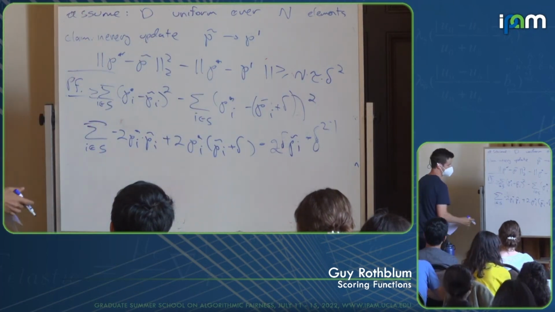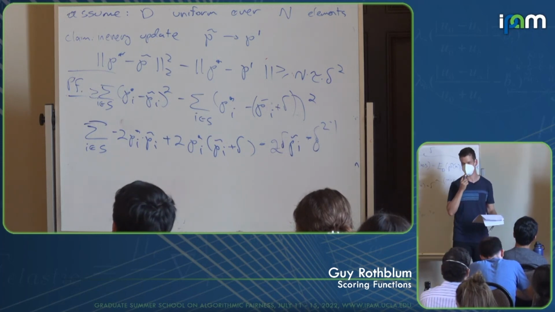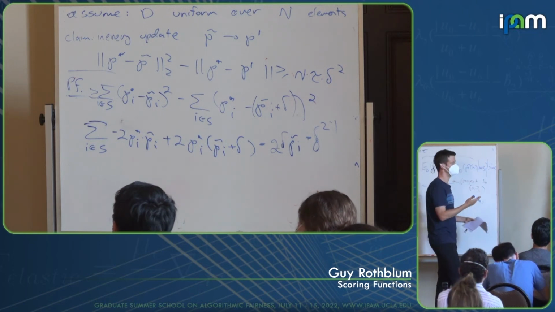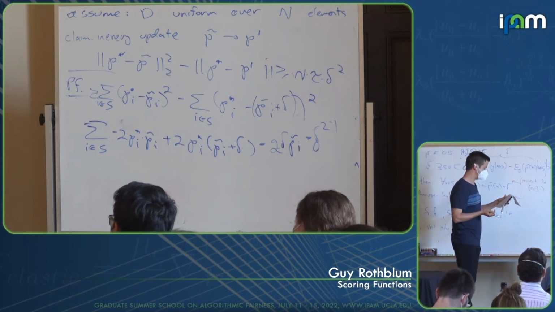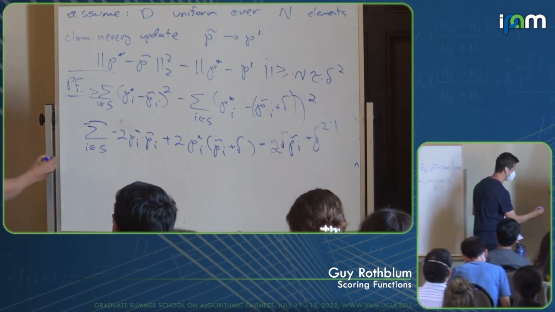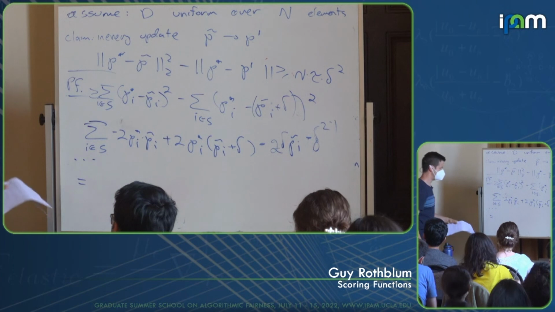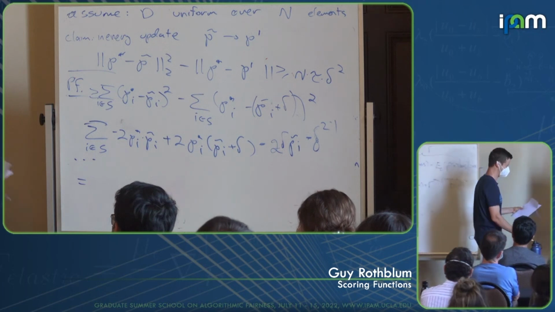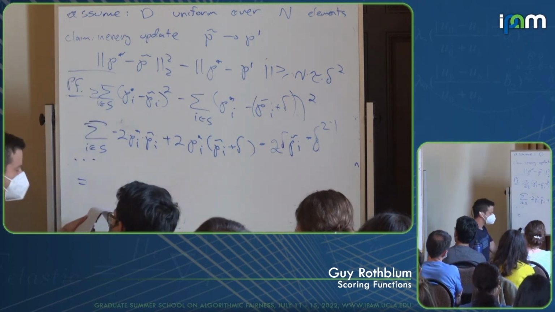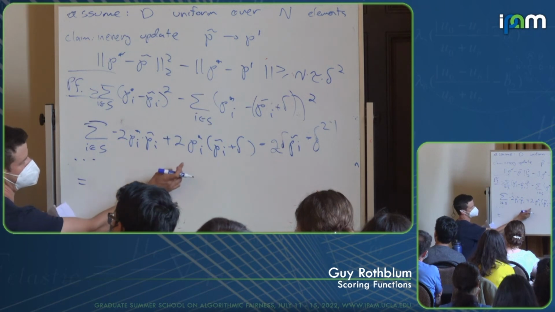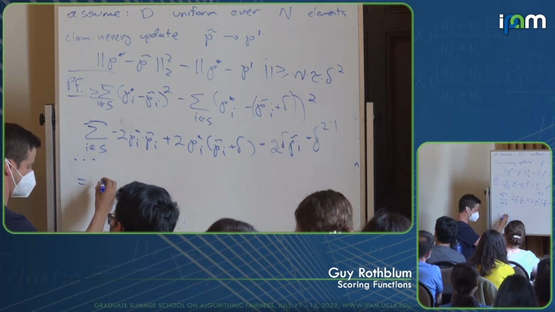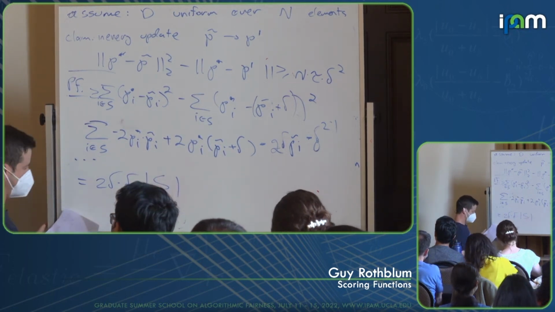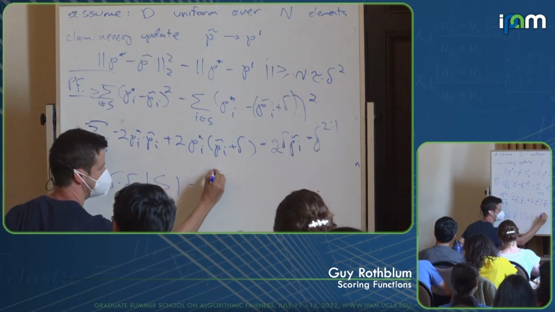So my main point in going through this, at this point it's a homework exercise, but I just want to say it's not complicated. These types of potential arguments are not a complicated proof, and it's something nice to know. So just to say what this boils down to, take it as a homework exercise, and maybe if I'm cheating, tell me that I was cheating and I will be mortified. That'll be fun. So at the end we get something that looks like 2 delta times the size of the set S, this is just elementary developments, minus delta squared.